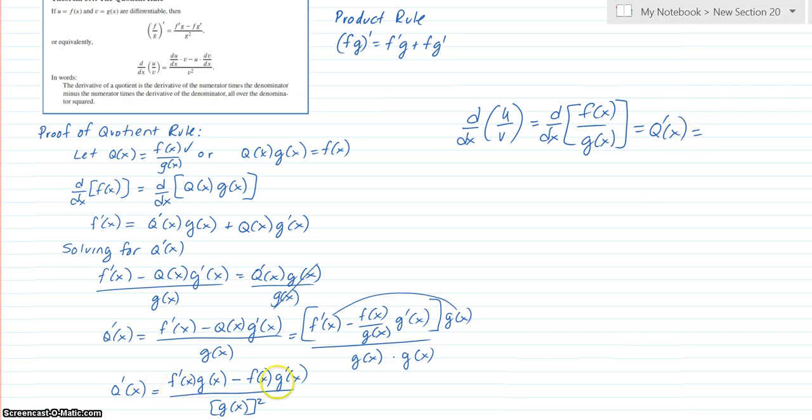So now if I put these all with u's and v's, that would be u prime v minus u v prime all over v squared. Again, the derivative of the top times the bottom minus the top times the derivative of the bottom, all over the bottom squared. Hope that helps.